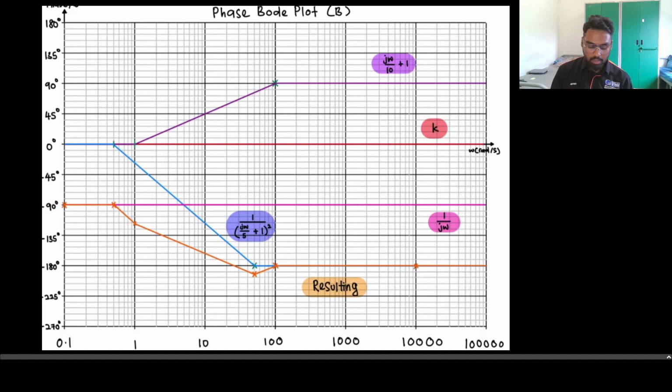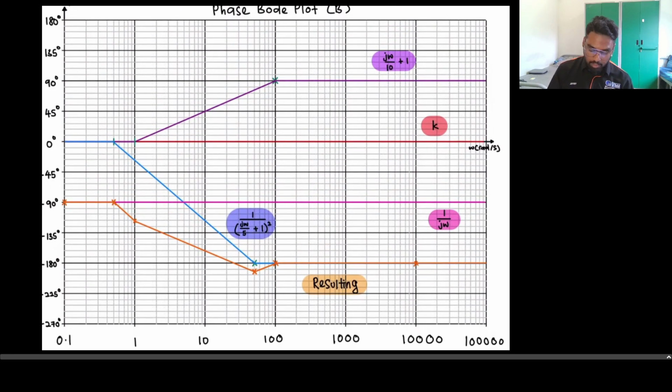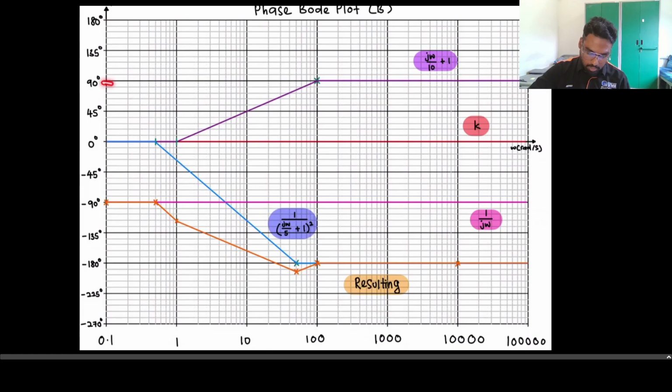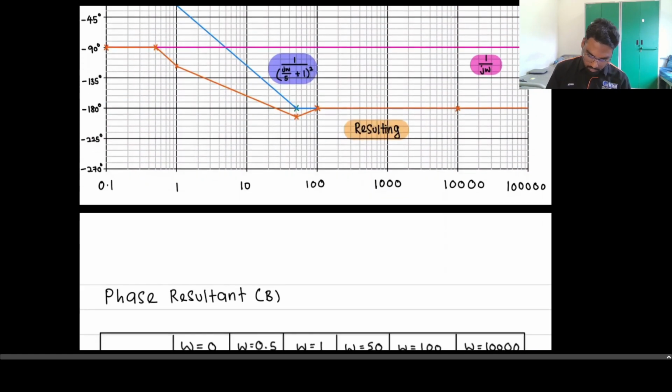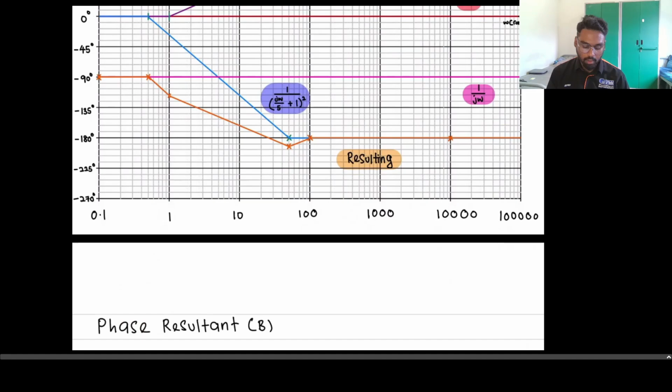And now there are no changes anymore, so you can take a test decade, either 1000 or 10,000, and draw a line and take the intersection points, and add up, and you will get negative 180.